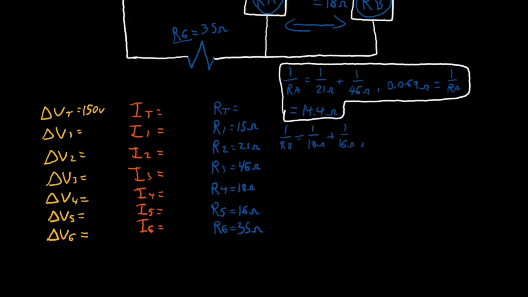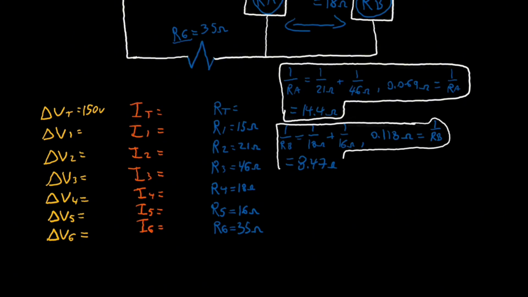Now for RB, 1 over RB equals 1 over 18 plus 1 over 16. We should get 0.118 ohms equals 1 over RB. And then doing the reciprocal, we should get 8.47 ohms. And now since RA and RB are parallel with each other, 1 over RC equals 1 over 14.4 ohms, which is RA, plus 1 over 8.47 ohms, which is RB.